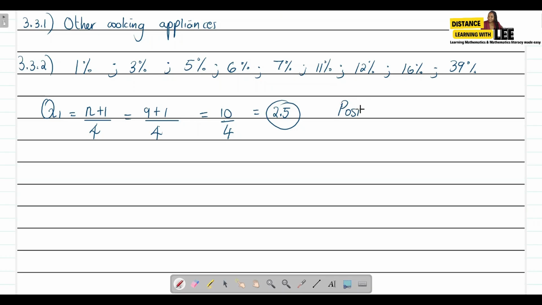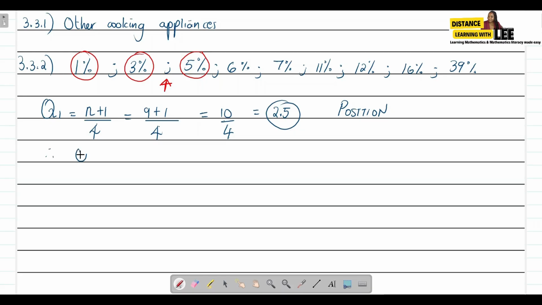Therefore, our Q1 is going to be the value that is in the 2.5th position. So we count 1, 2, and this is 3. Therefore, our Q1 is going to be in between 3% and 5%.